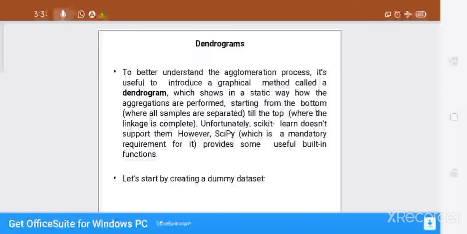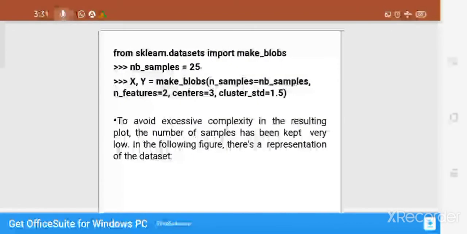So let's start by creating the dummy dataset. Using sklearn datasets, we are creating the dummy dataset with 25 samples only, and two features, considering 3 clusters and their radius. To avoid excessive complexity in the resulting plot, the number of samples has been kept very low.